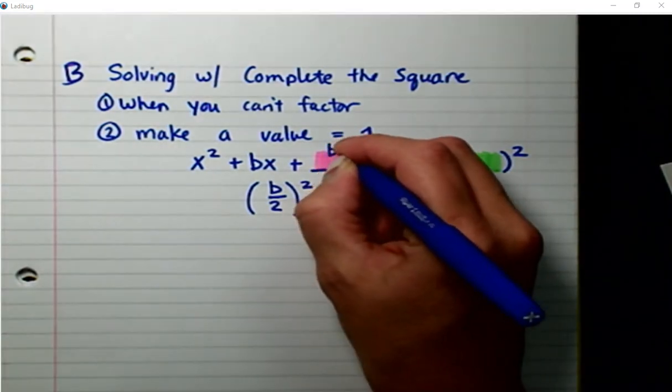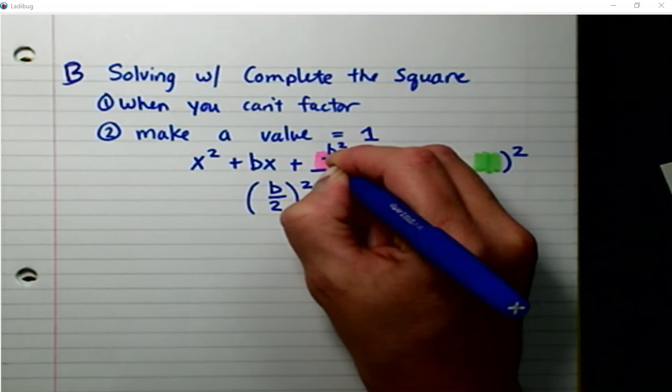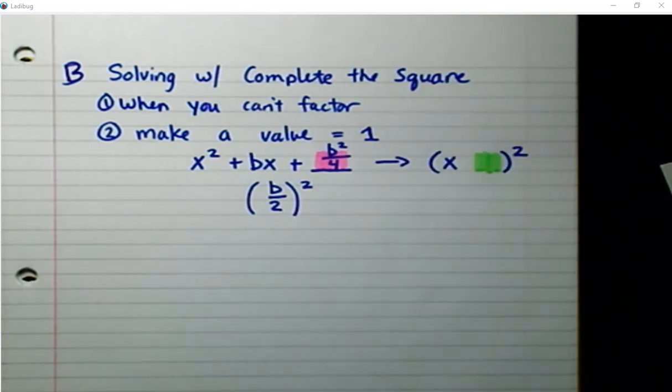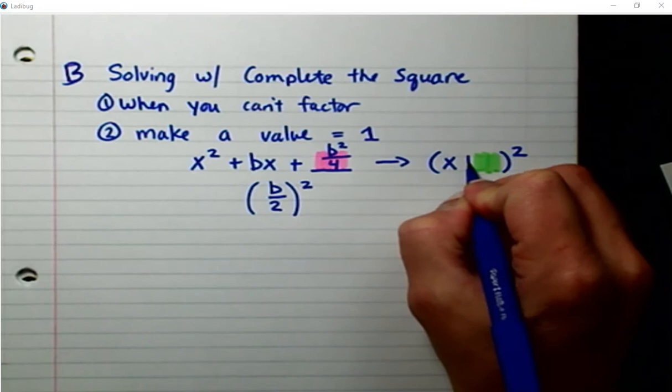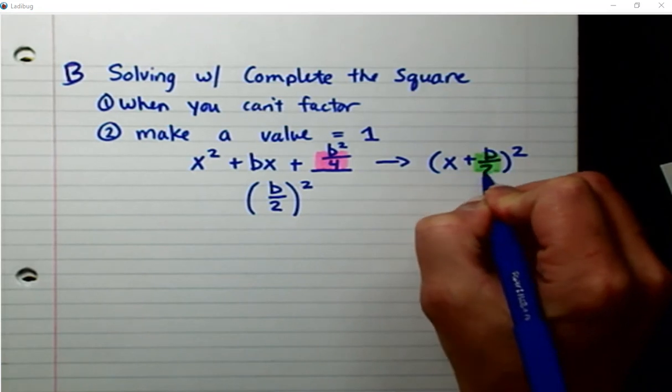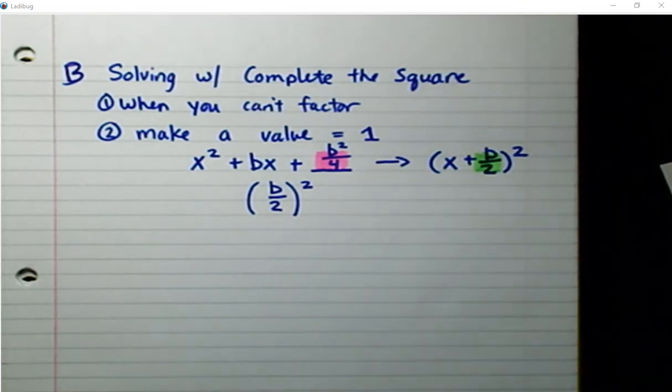So this is the B squared over 4, or whatever it turns out to be. Half it, square it. Okay, what number is this? This is the halved number. So you're like, all right, I kind of get it. This is like the formula part.